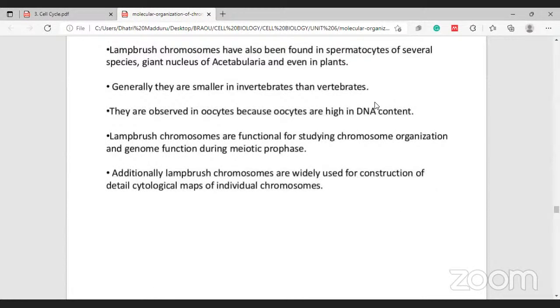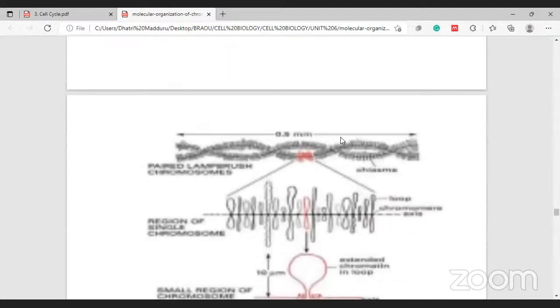They have been seen in spermatocytes of some species, in the giant nucleus of Acetabularia, and in some plants. They are smaller in invertebrates than vertebrates, and they have high DNA content. Usually we can see them in meiotic prophase, and they are helpful in construction of cytological maps of individual chromosomes.